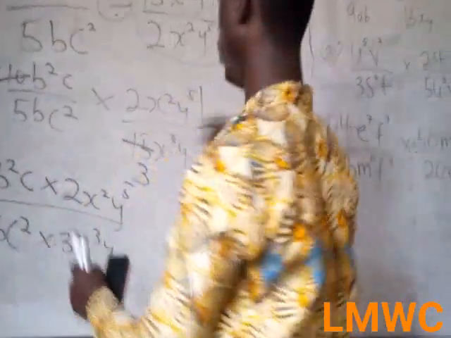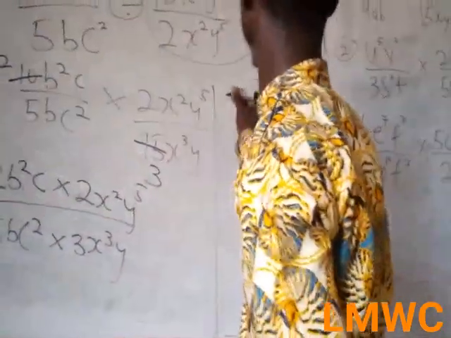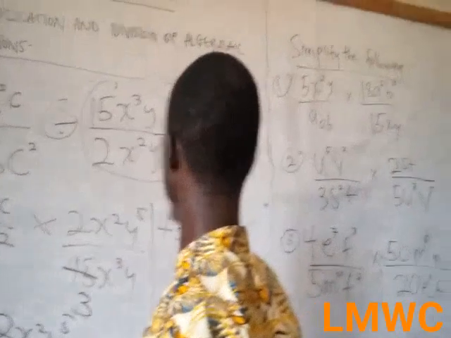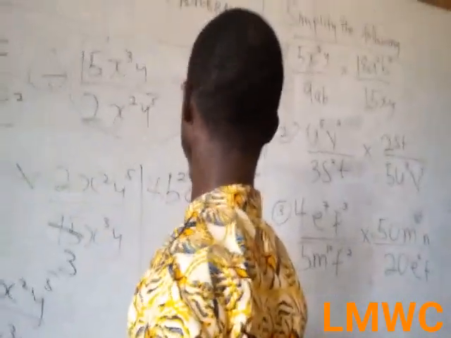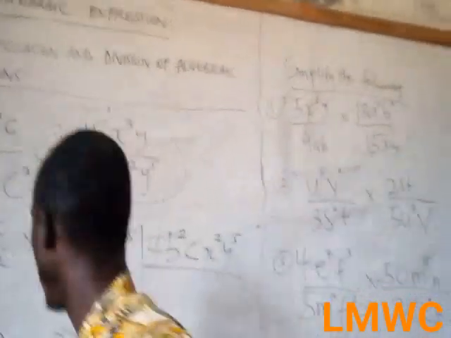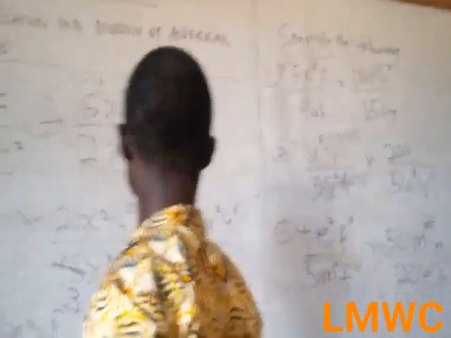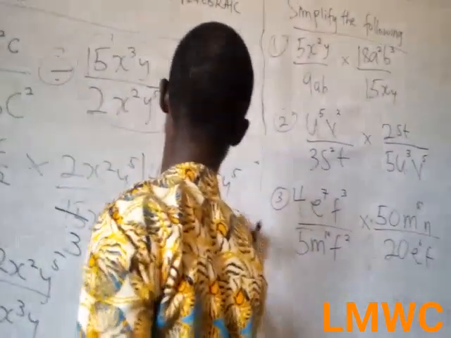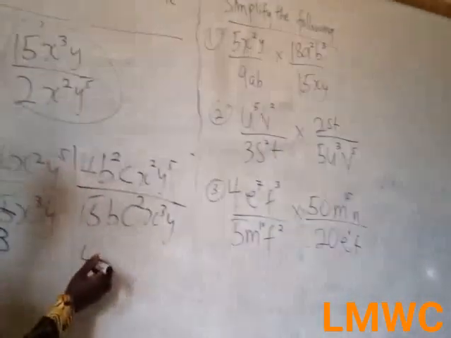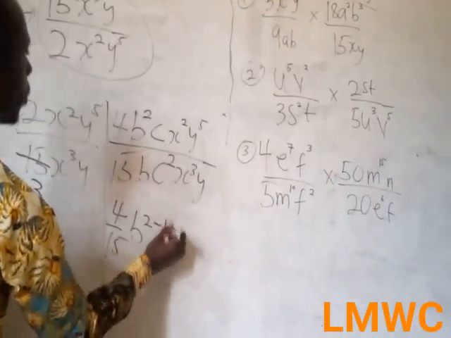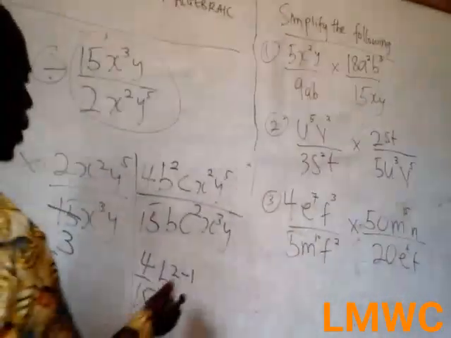So now you have 2 times 2 is what? 4. So you have b^2 c x^2 y^5 over 5 times 3 is 15. So b c^2 x^3 y, and you apply indices. So you have 4 over 15. So you have b^(2 minus 1), because once the bases are the same and they are divided, you subtract the powers.